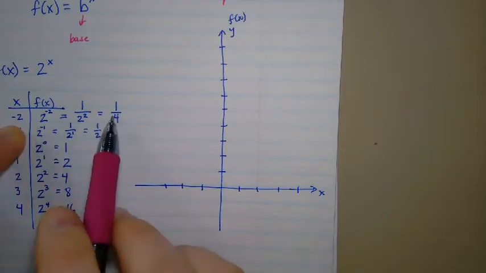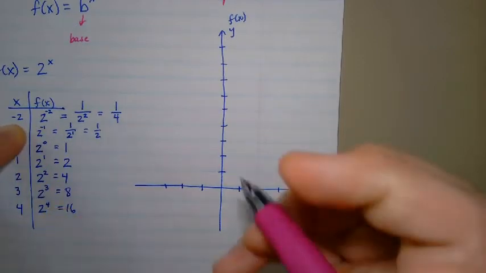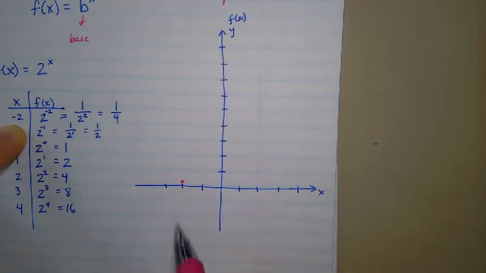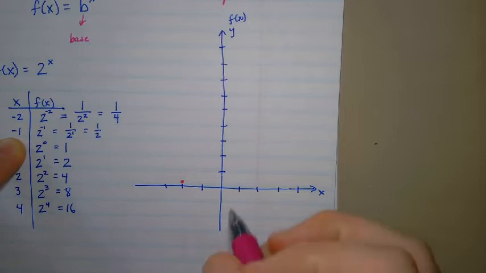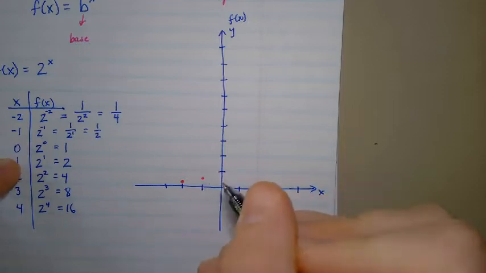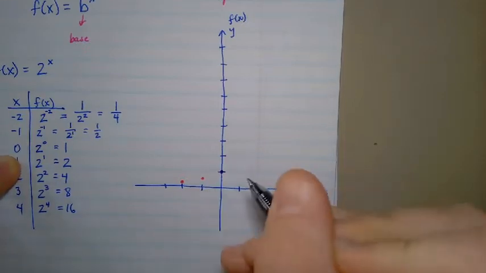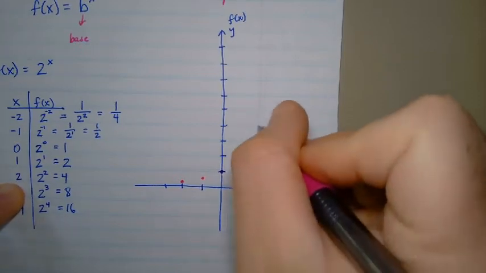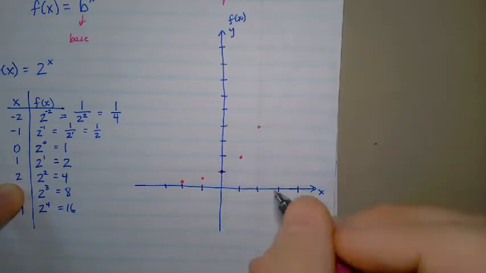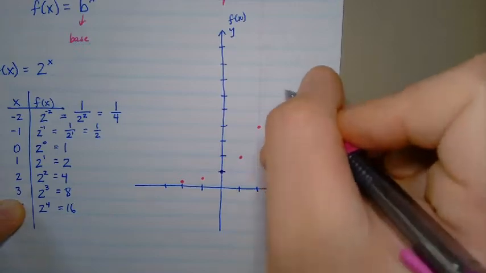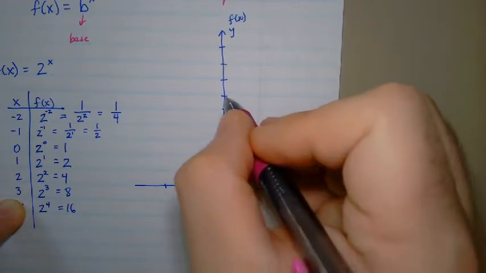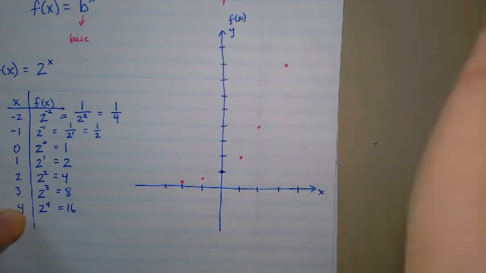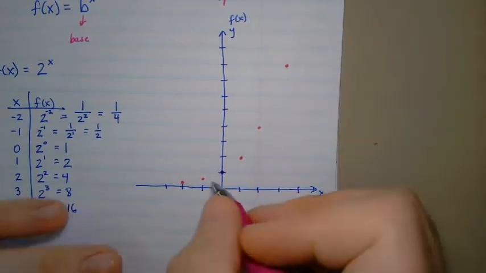So we've got negative 2 and 1/4, so that point, negative 2, 1/4, is right about there. We got negative 1, 1/2. We've got 0, 1, 1, 2, 2, 4, 3, 8. Let's see, 1, 2, 3, 4, 5, 6, 7, 8 right there. And then 4 is a 16, which is off my paper right now, which is fine.